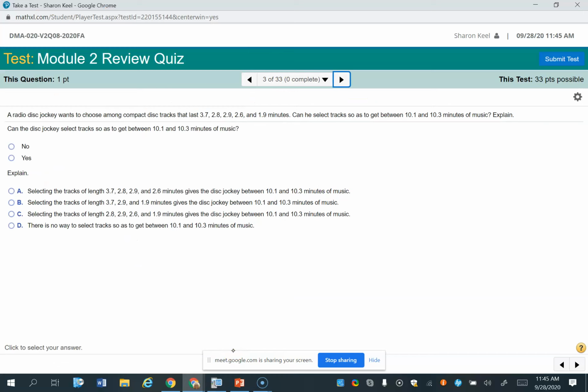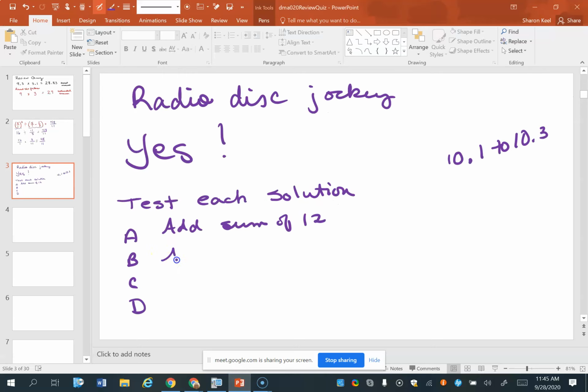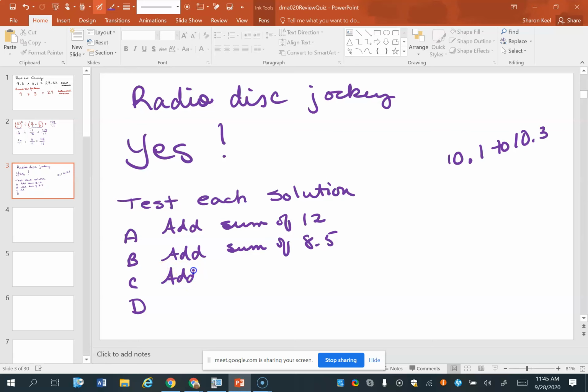We're going to look at B. We add 3.7 and 2.9 and 1.9, and that's going to give us 8.5. That's not in the range. We try the third one, a 2.9, a 2.6, and a 1.9. When we add those together, we get 10 and 2/10. This choice here would be none.